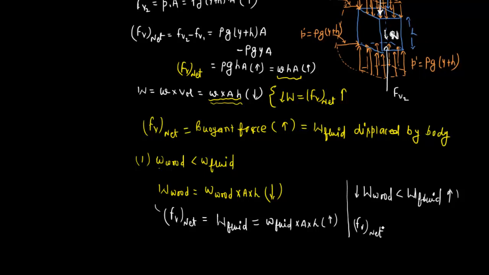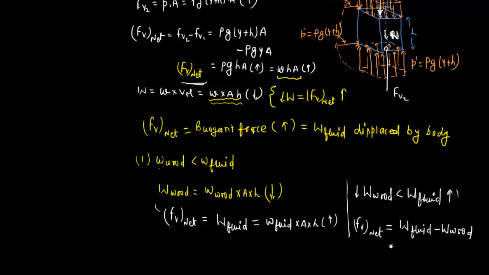Remember, this FV net is different from the earlier FV net. In this case, I'm talking about the net vertical force acting on this body. So we can write this will be equal to the weight of fluid minus the weight of wood.